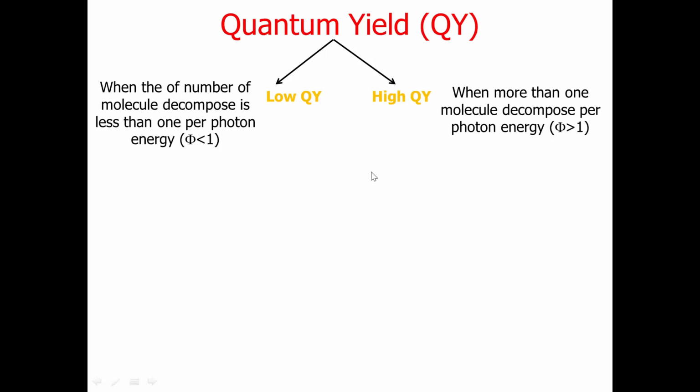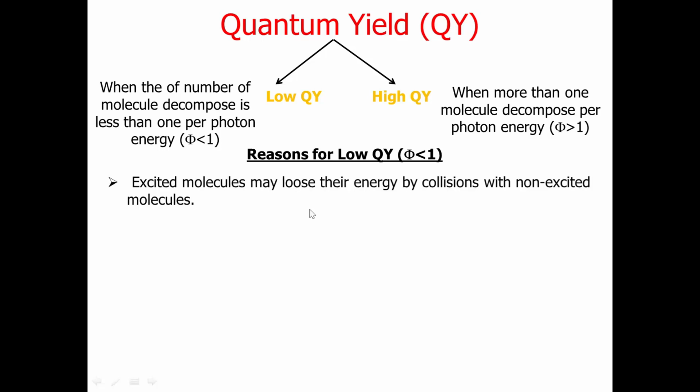In such cases you observe the high quantum yield value. So the question that comes to mind is what is the reason for the low quantum yield, or in which cases we observe the low quantum yield value. You can see here, the excited molecules may lose their energy, because in the primary process the molecules absorb the photon energy and go from the ground state to the excited state.